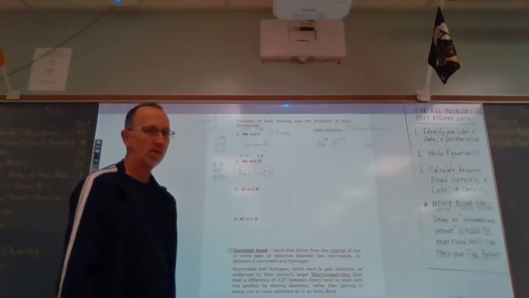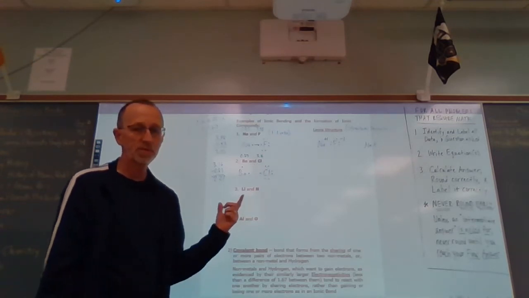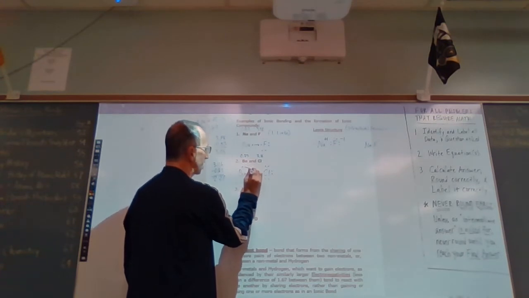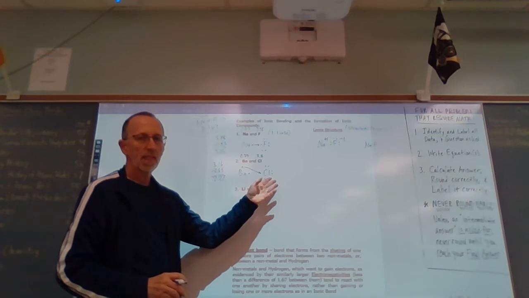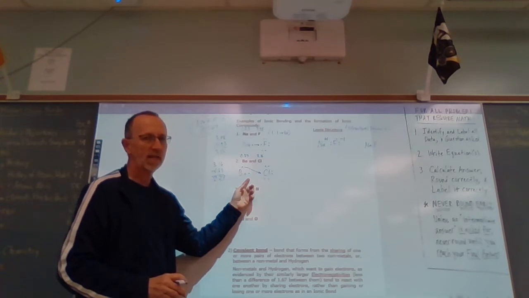Now, chlorine only wants to gain 1 electron, but barium wants to lose 2. So if barium loses 1 of these electrons, that's going to fill chlorine's octet. But barium's not happy about that. It wants to lose a 2nd electron.